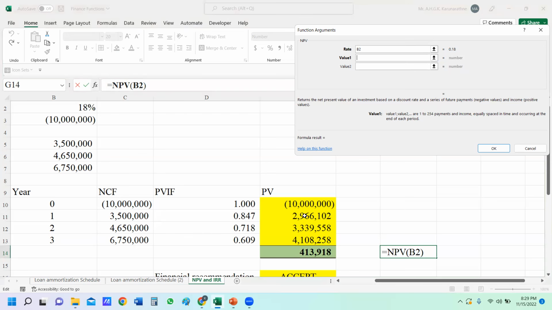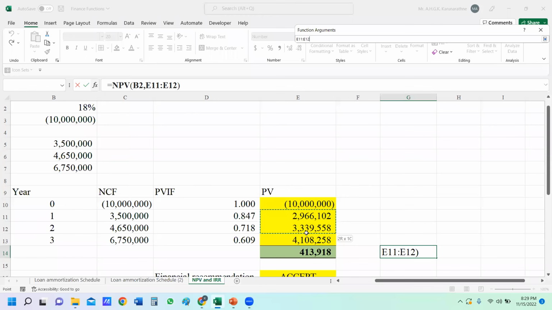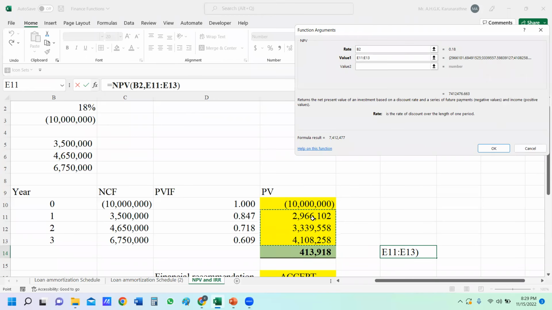Excel recognizes the initial investment as occurring at the end of the period, so it will bring it to the present value again, but it is already in present form. So when you show the values, show the cash flows excluding the year zero cash flow.